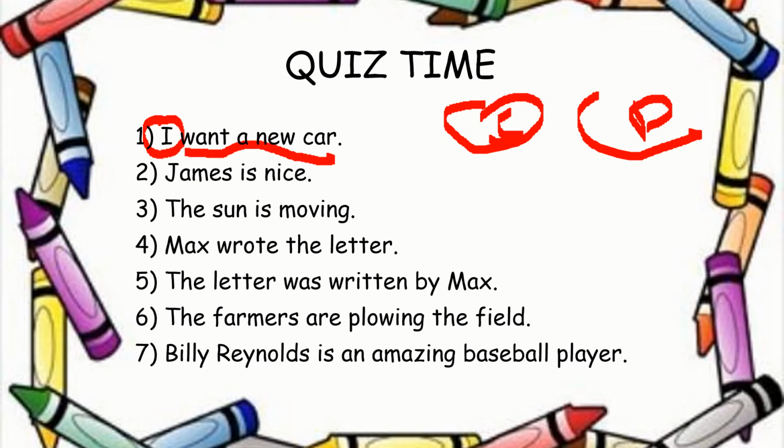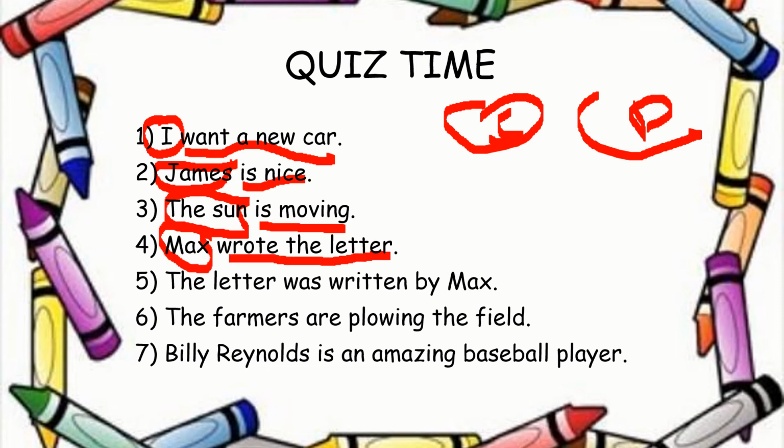James is nice. James is the subject and is nice is the predicate. The sun is moving. The sun is the subject and is moving is the predicate. Max wrote the letter. Max is the subject and wrote the letter is the predicate.